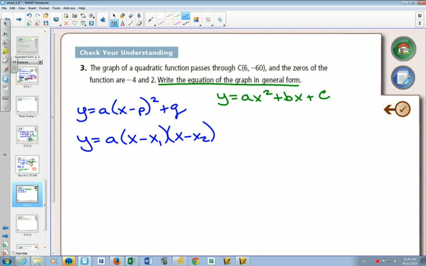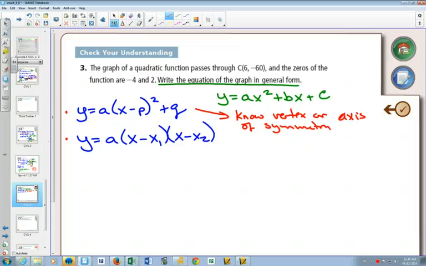Anytime you're asked to write an equation, you're either going to start with this one or this one. You're going to start with this one if you know something like the vertex or the axis of symmetry, because that's going to help you with information regarding that one.